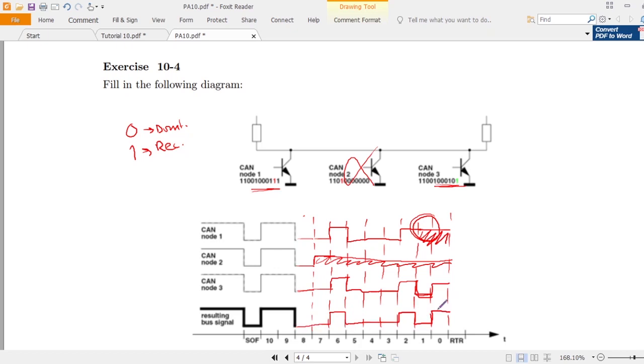Okay, so here at bit number 1, node 1 lost the arbitration, and at bit 7, node 2 lost the arbitration, and the one which will be transmitted is node 3.